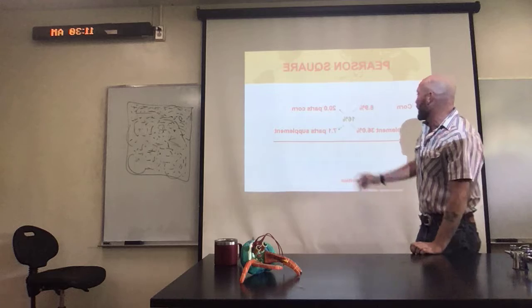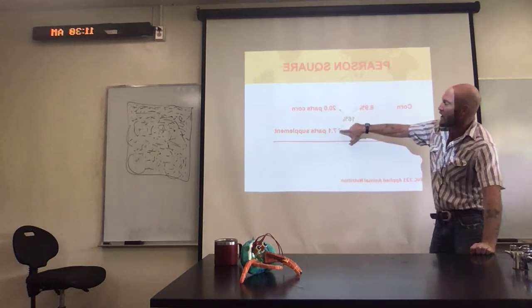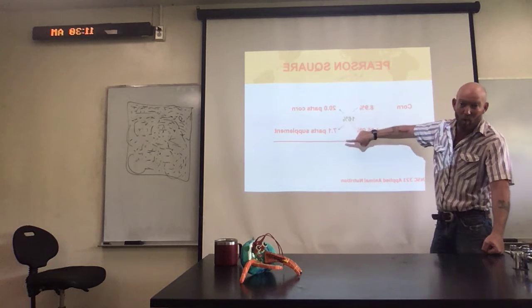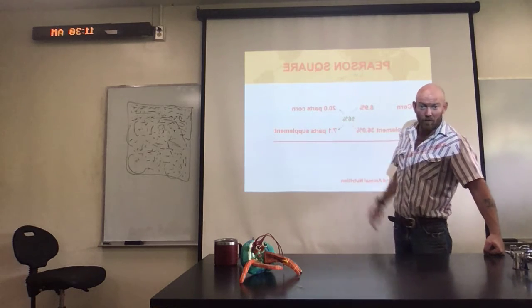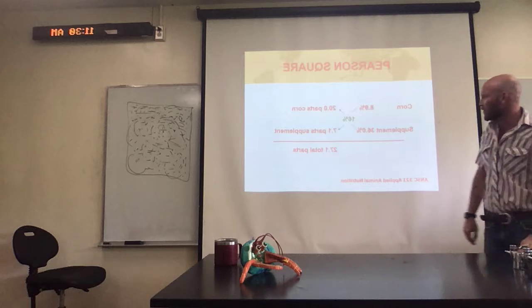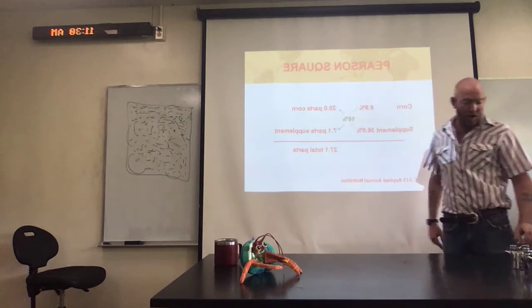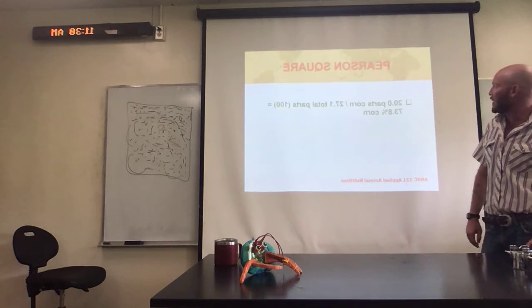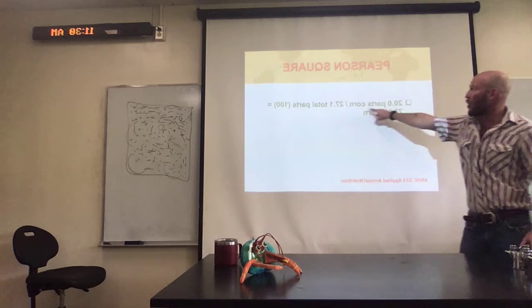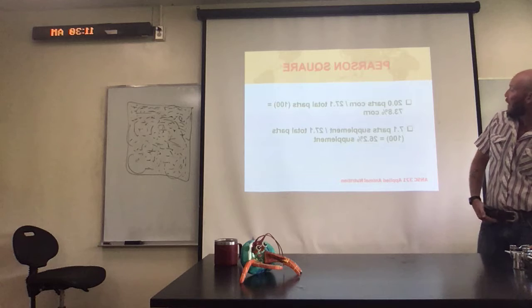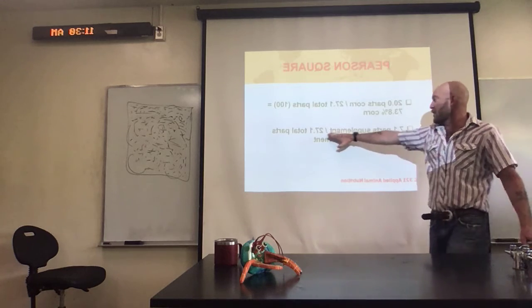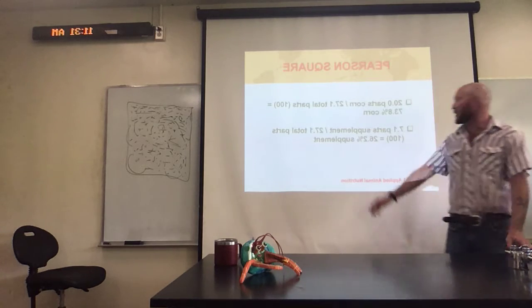We get our percents by adding 20 and 7.1, and that'll give us our total, and then dividing each by the total. 27.1 total parts. 20 parts corn by the whole, 73.8% corn, and then 7.1 parts of the supplement divided by the total equals 26.2%.